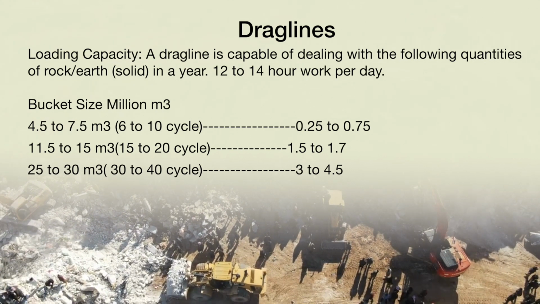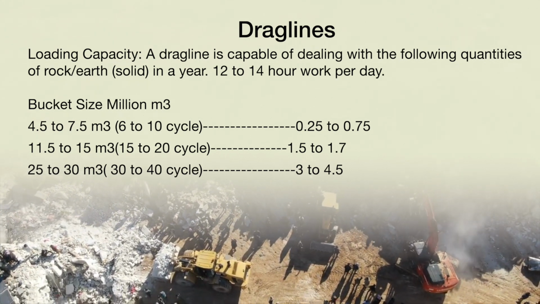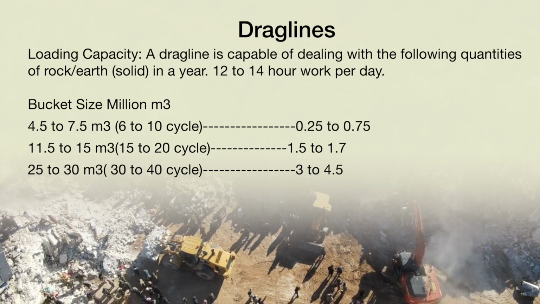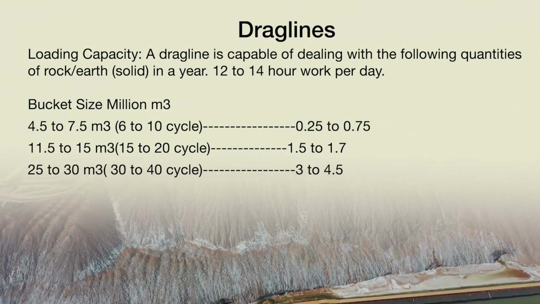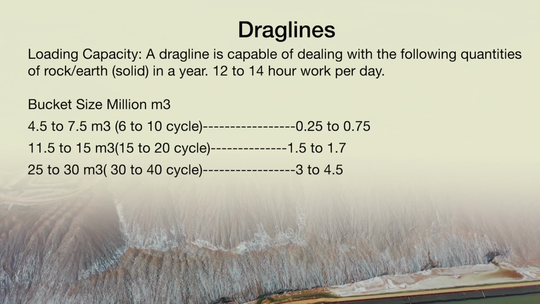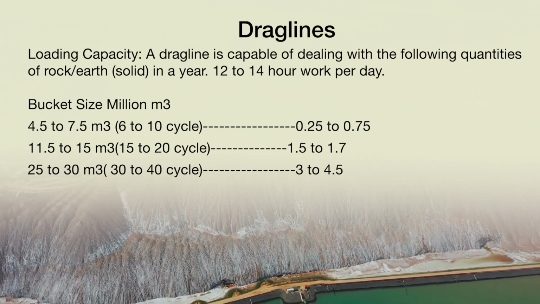Next, 11.5 to 15 cubic meters is 15 to 20 cycles, 1.2 to 1.7. 25 to 30 cubic meters means 30 to 40 cycles, 3 to 4.5.